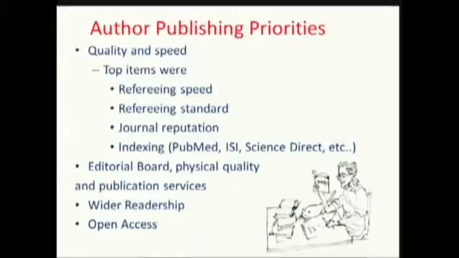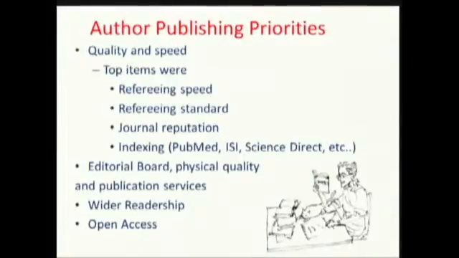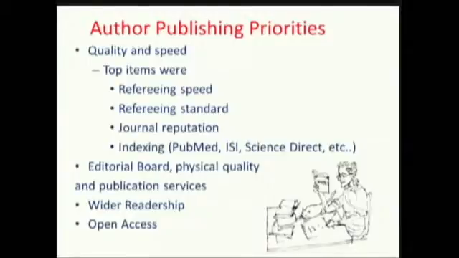One idea you can do to avoid this, if you are not sure, is to actually write to the editor-in-chief, okay? Just select 5 journals which you want to target, write an email, maybe with the abstract of the paper, to the editor-in-chief, and explain that you want to know whether this article will be suitable for their journal and how long on average they take to review the article.